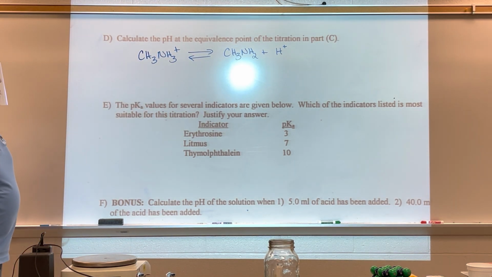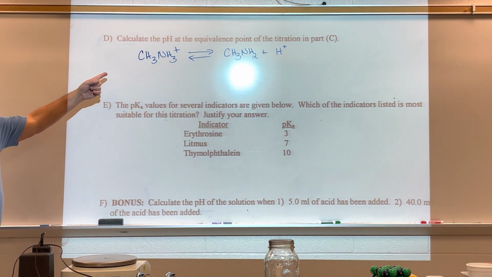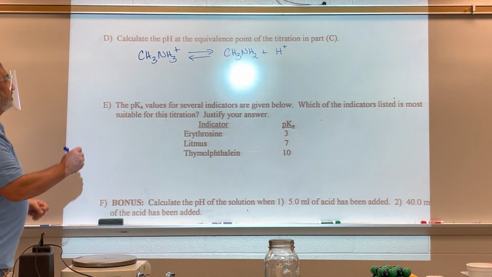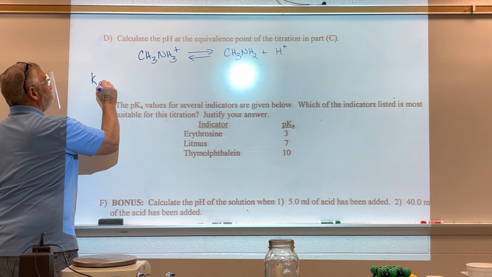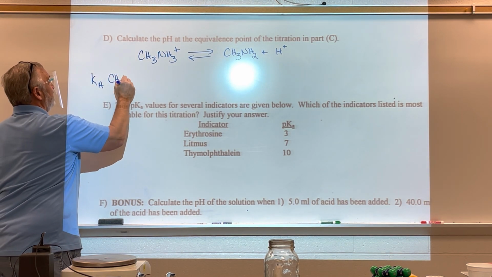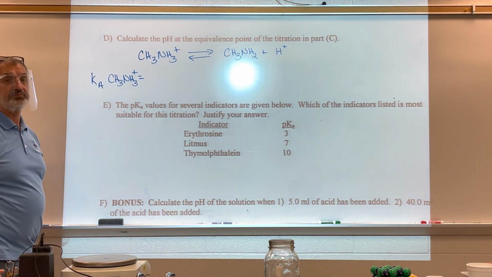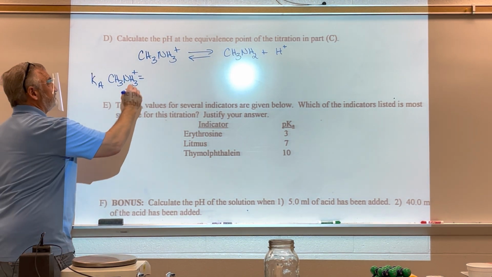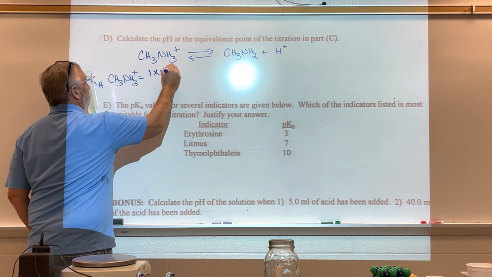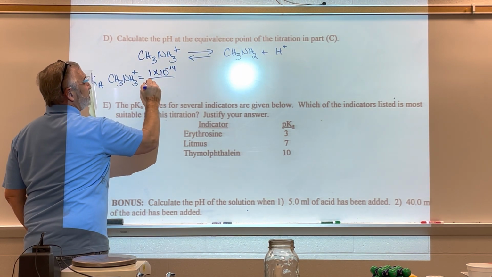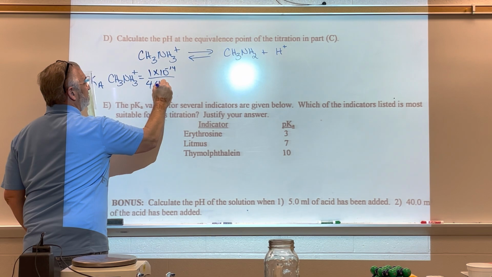Now, in order for me to calculate the pH, I have to know, in this case, the Ka. So the Ka of CH3NH3 plus, how do I find that? 1.0 times 10 to the minus 14 divided by the Kb, which was 4.4 times 10 to the minus 10.